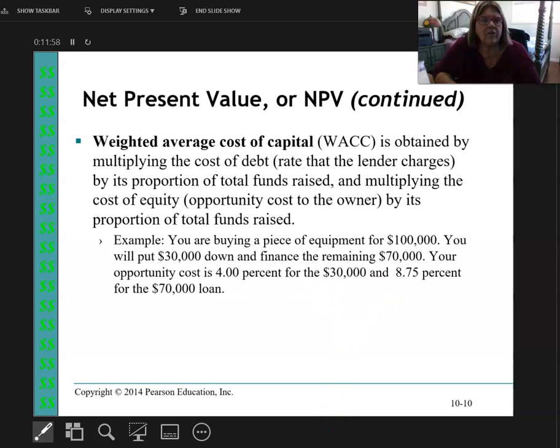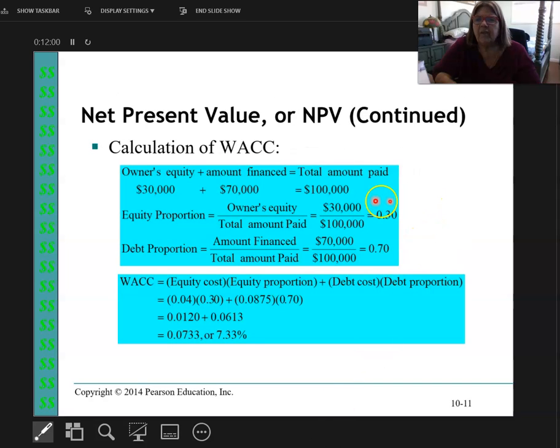So here's how I'm going to calculate this. So here's the equity I put into it, which is the cash, plus the amount financed is the total amount paid. And so I'm actually looking at my proportion. Owner's equity divided by the total amount paid. So basically, I'm putting in 30% and I'm going to finance 70%.